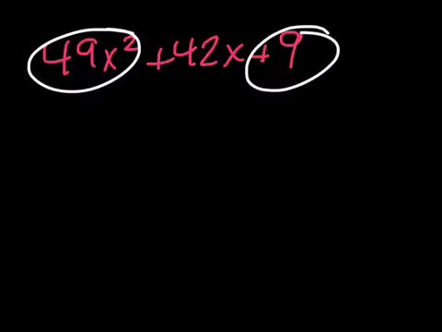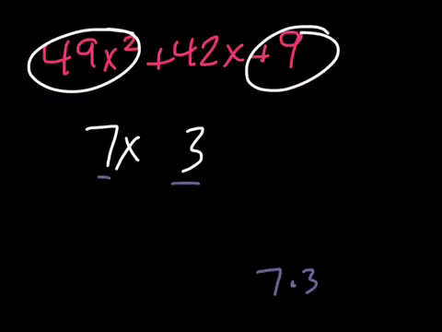So the square root of 49x squared is 7x. The square root of 9 is 3. So those are both perfect squares. So for now, this is looking good. The next step that we have to do, just to verify, is we're going to take the 7 and the 3 and multiply those together. That's 21.